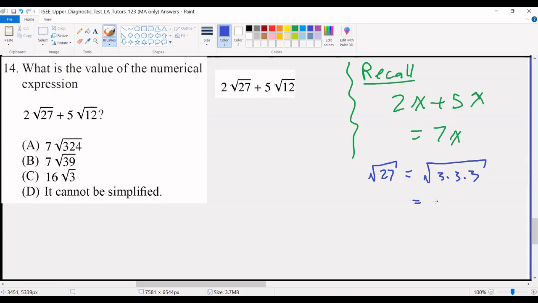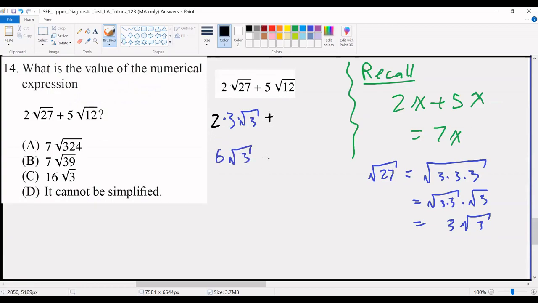So this gives us the square root of 3 times 3 times the square root of 3, and this simplifies to 3 square root of 3. Great. Our first term can be rewritten as 2 times 3 times the square root of 3, which simplifies to 6 square root of 3.